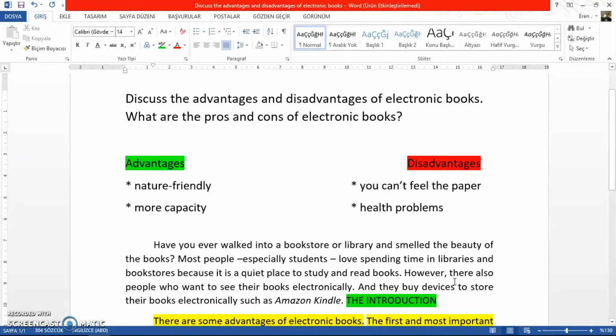It's kind of a general background of the topic. So you give information about the topic, you don't state any opinion or any view, you don't take any stance against the topic.